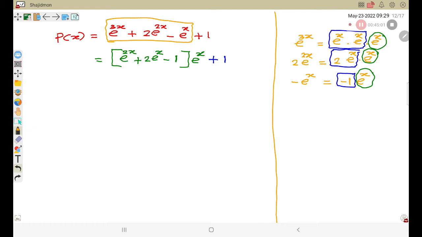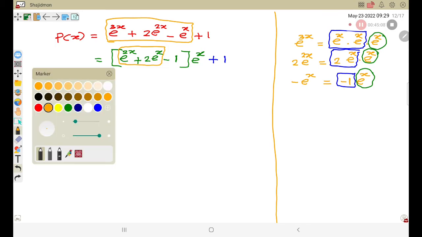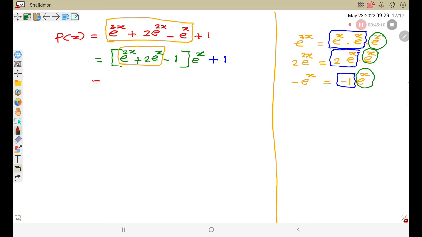Now again, first two terms, which term we can take outside? e power x, correct? So we can write equals e power x, taken common. So what will be balance? One more e power x will be there.